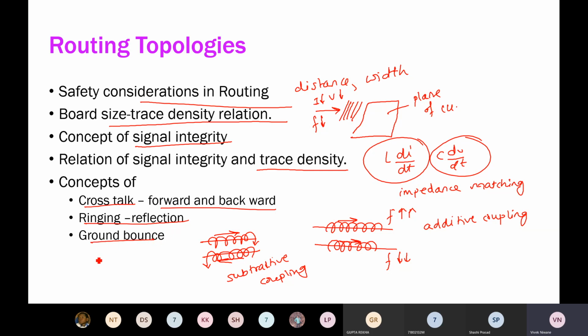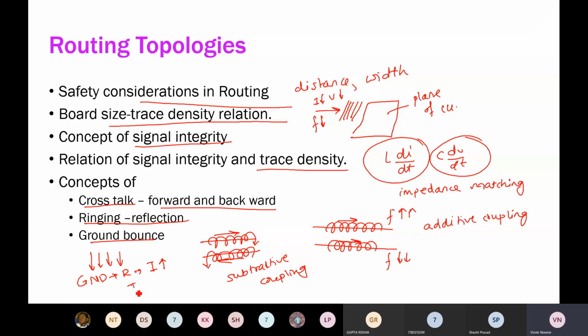Then ground bounce. If we are using the same ground terminal, then lots of currents are going to pass through the ground plane. And ground is nothing but metal. Metal is nothing but resistance, and lots of currents are flowing through the ground.